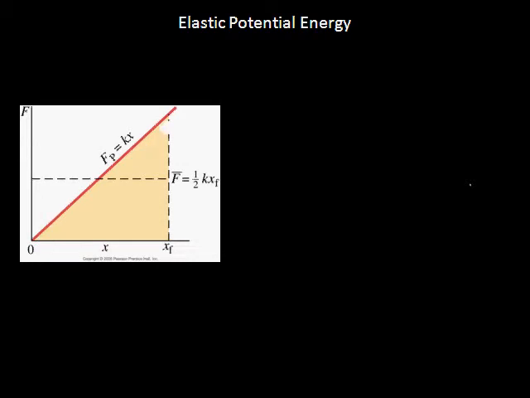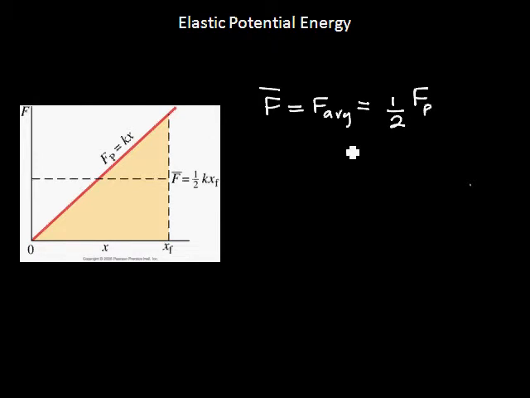It's small over here, it's big over here, but over the complete range of movement from 0 to this x_f, the final extension of the spring, the average force, F bar, is 1/2 of the maximum pulling force.